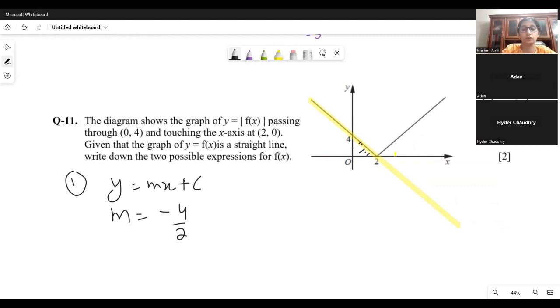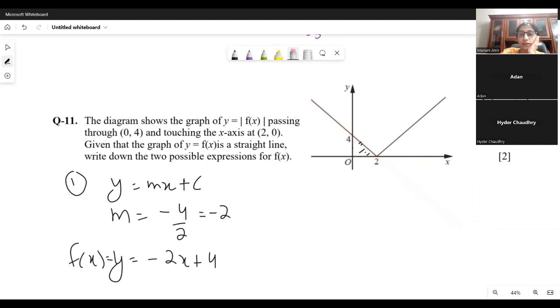So it's going to be a negative slope. So m is -2. So y equals m, which is -2x, and c is the y-intercept, which is 4 in this case. So +4. This is one value of fx, one possible case for fx.